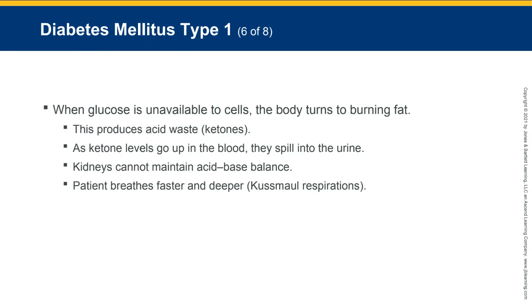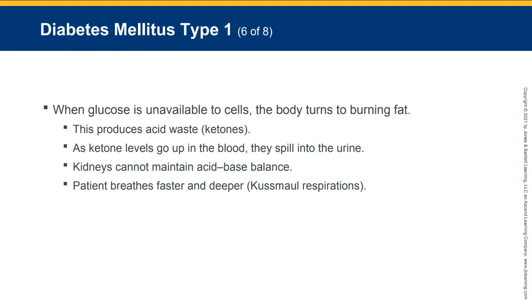When glucose is unavailable, the cells in the body turn to fat. So this is very specific to a type 1 diabetic. So a type 1 diabetic has eaten, they have had some food, but they have not taken any insulin, or they're not taking insulin.